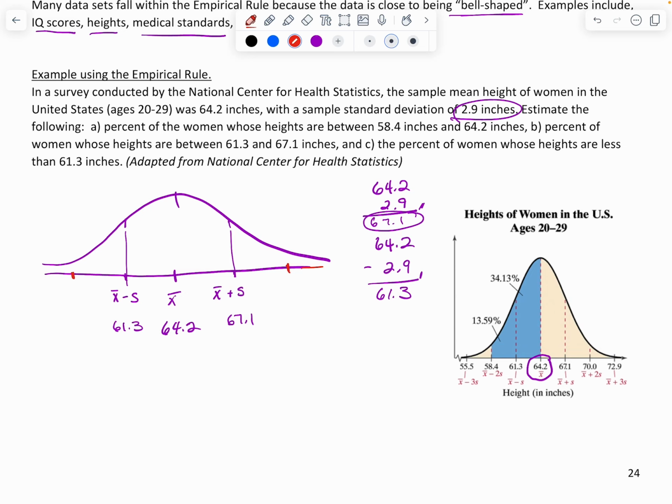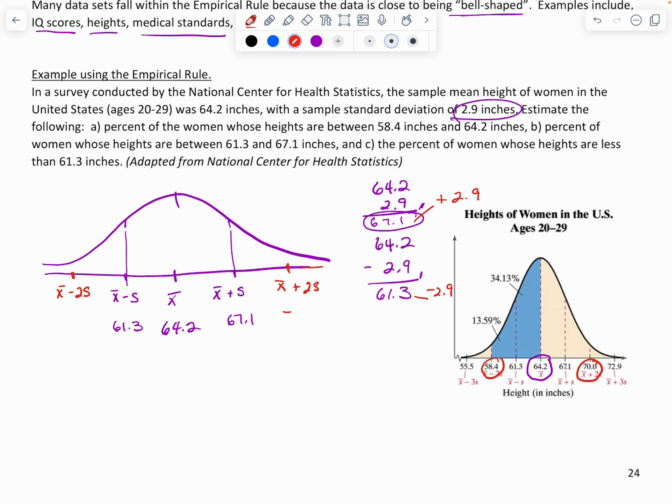Okay. 2 standard deviations is where things start flattening out. So this is my x bar minus 2 standard deviations, and this would be my x bar plus 2 standard deviations. Again, I'd take 67.1 and add 2.9, and I'd take 61.3 and subtract 2.9.